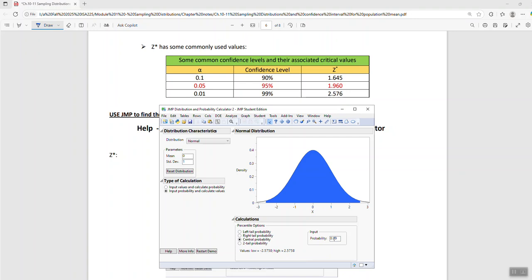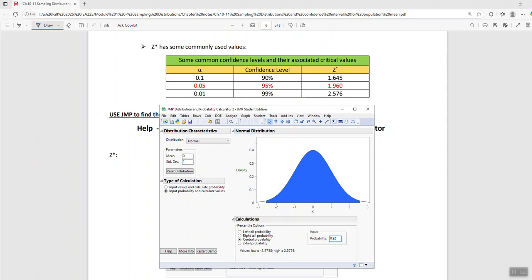Let's try another one, 0.99, which is a 99% confidence level. You can see that the area in the middle is getting larger because we are more confident. In this case, the higher bound is 2.576. In this way, not only these three common confidence levels, you can also try, let's say, 0.92.